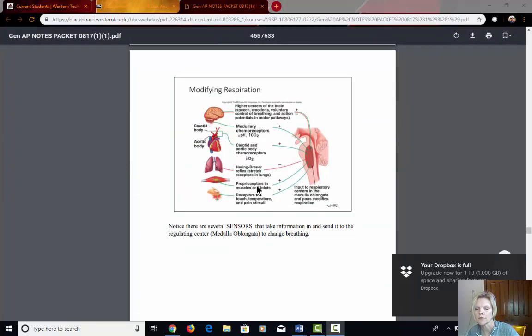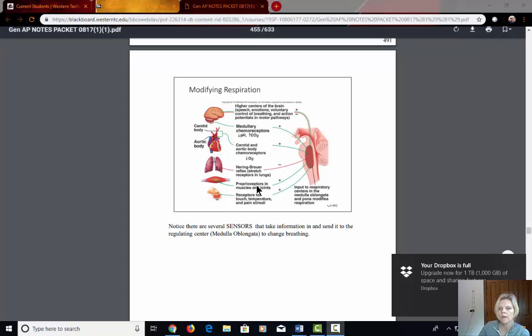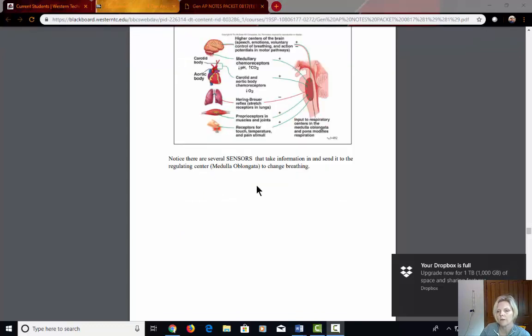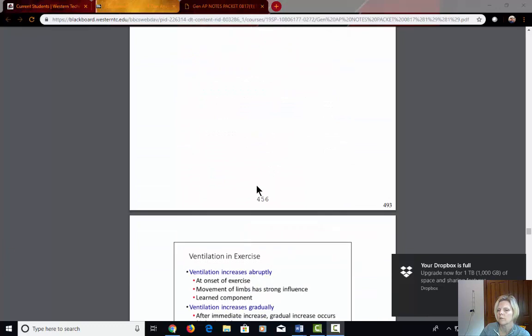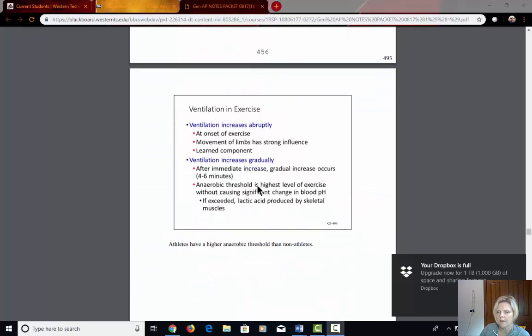Those are stimulated when we move our arms and legs, but it has nothing to do with really needing more oxygen just yet. Because when we start to exercise, we do see a gradual increase in breathing, but again, it takes a little bit. And when we find exercise is increasing, we can see a little bit of lactic acid building up in the skeletal muscles, and that is going to drop the pH, which again can stimulate the respiratory rate.